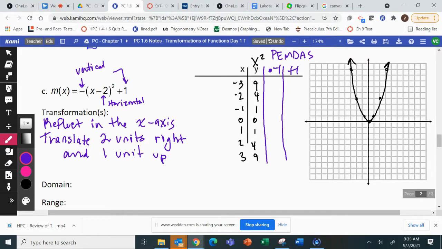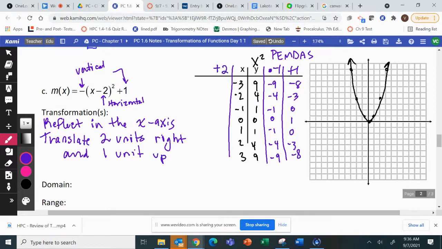So I'm going to do that to the y values. First, I'm going to change all of their signs to negative. Then I'm going to add 1 to each of those. On the x side, we've got translate 2 units right, which makes me add 2.